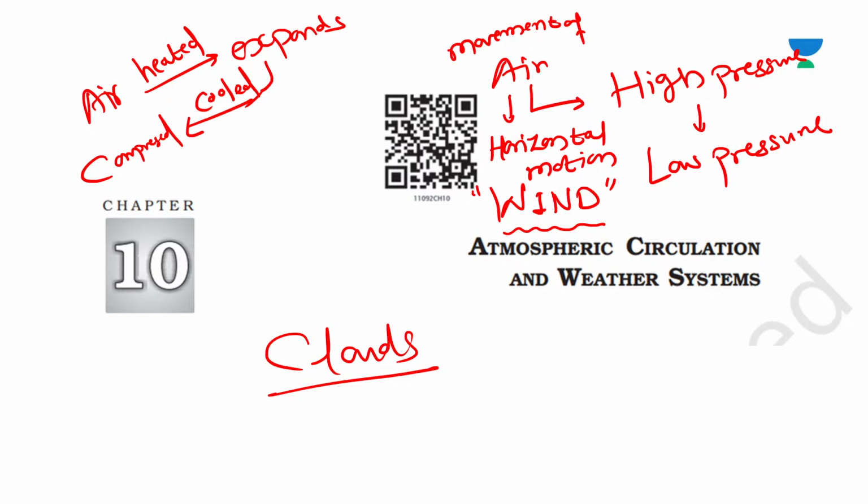So the formation of air masses, the disturbed weather when air masses interact with each other, and the phenomenon of violent tropical storms. Now, atmospheric pressure. So let's start with the topic atmospheric pressure.